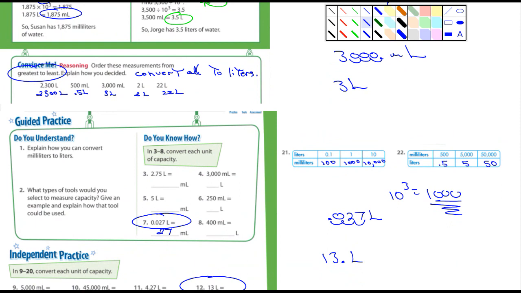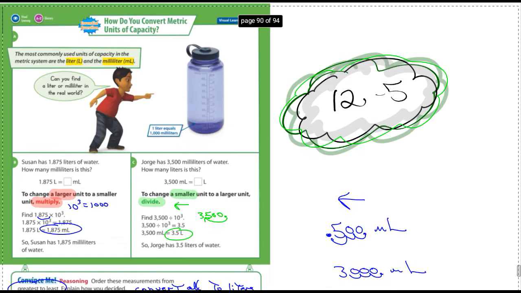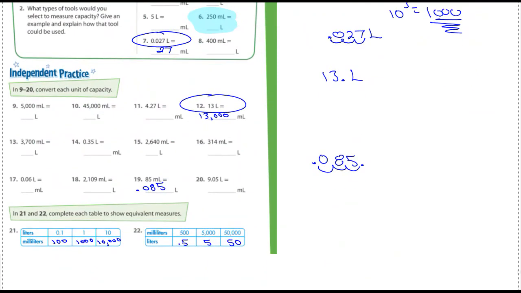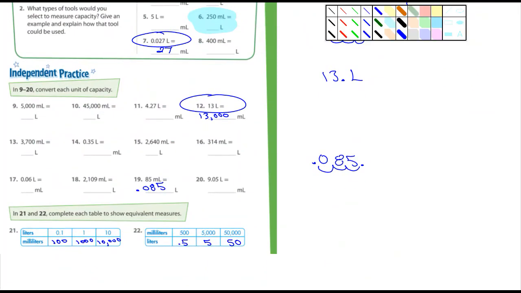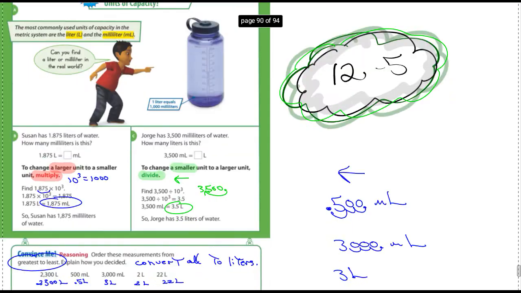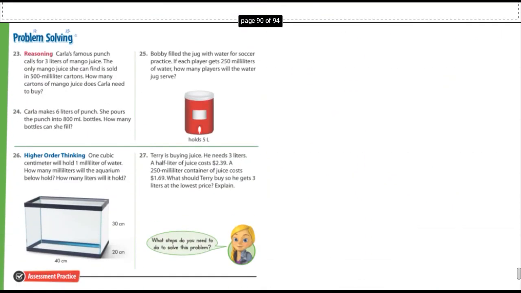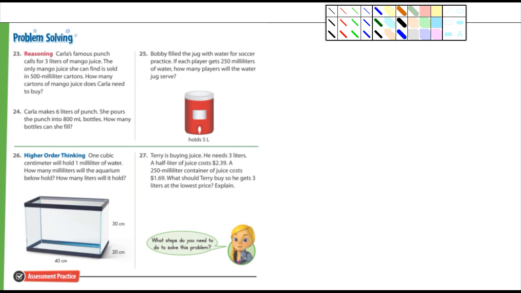All right. Okay, let me highlight a couple of these for Classcraft. How about number 6? And number 14. And then on the last page, in the problem solving, how about number 25?